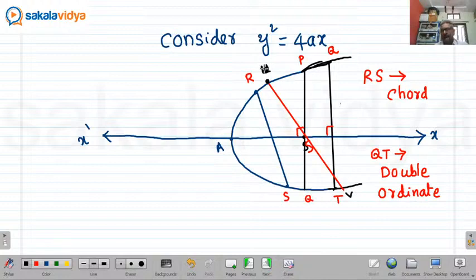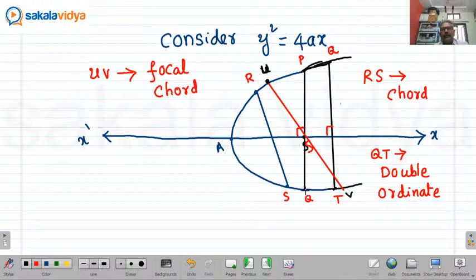Here UV is called focal chord, not vocal chord. The chord which passes through the focus is called focal chord.